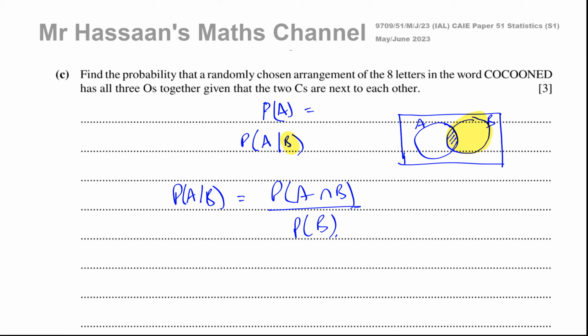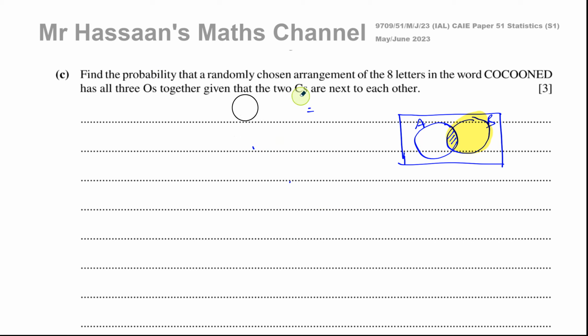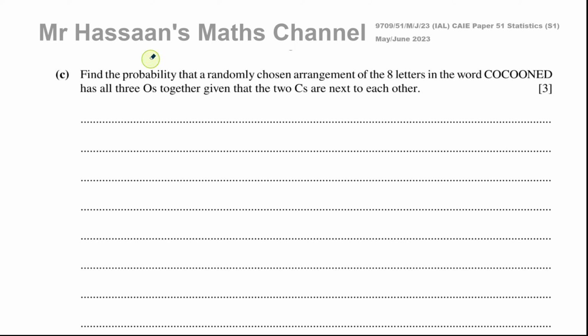So how do we relate this to the question that we have now? The sample space is now the two C's being next to each other. So let's look at that first. Let's say we have 1, 2, 3, 4, 5, 6, 7, 8. Remember, we have C times 2, O times 3, N, E, D. Cocooned.